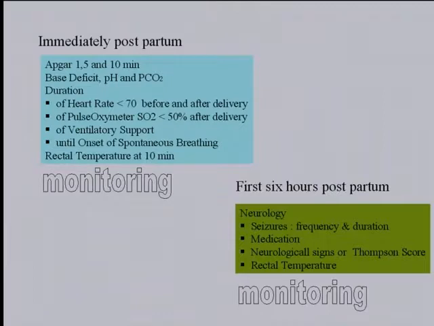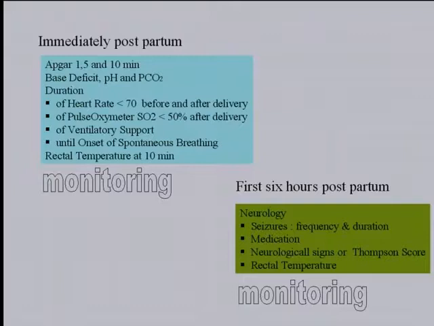Now there will be a part which tells you how to assess and monitor the babies which are born asphyxiated. Immediately after delivery, you will assess, as you know, APGAR 1, 5 and 10 minutes values, base deficit, pH and PCO2, which is also important. Then I propose that you assess the duration, how long the heart rate was less than 70 before or after delivery, as a measure of the decreased cardiac output.